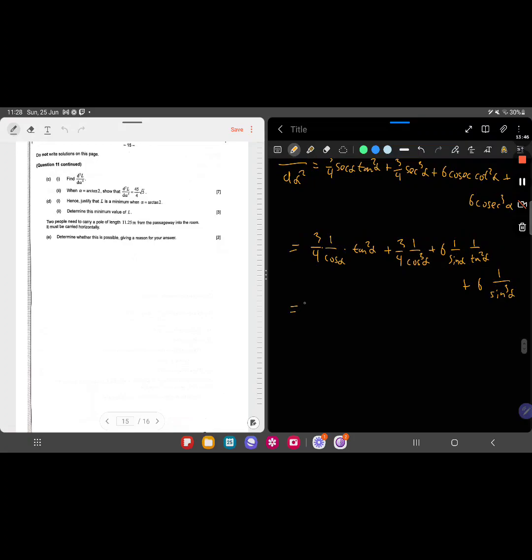Let me try 3/4: so we have 3 tan squared alpha over cos alpha plus 3/4 cos cubed alpha, plus 6 over sine alpha tan squared alpha, plus 6 over sine.